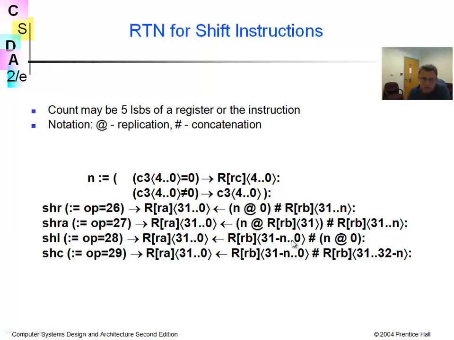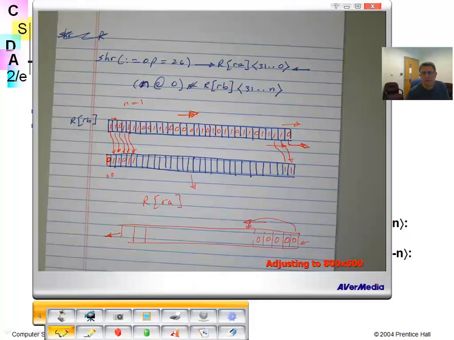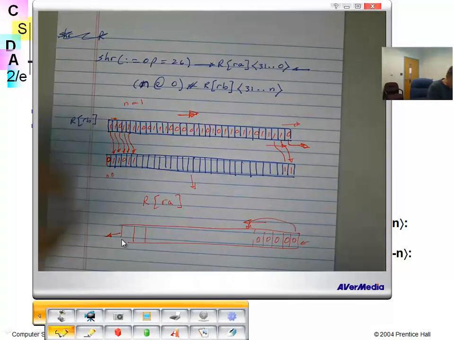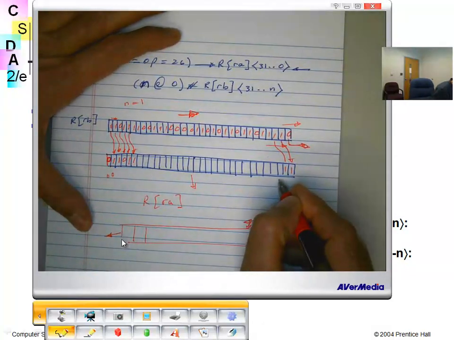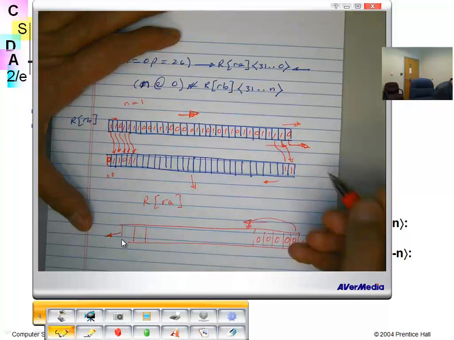So you're shifting to the left, and you put however many zeros you're going to put on the right hand side, right? Because that's what it means. What it means is that if this is shift left, you moved on this side.